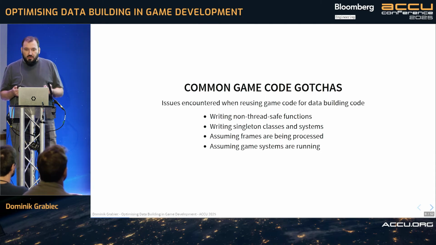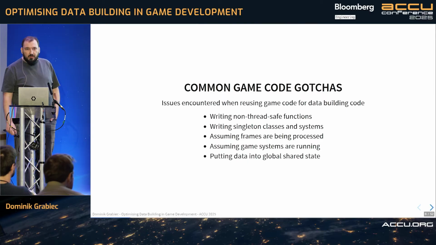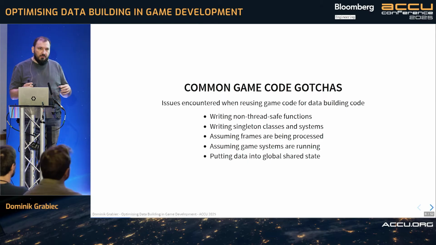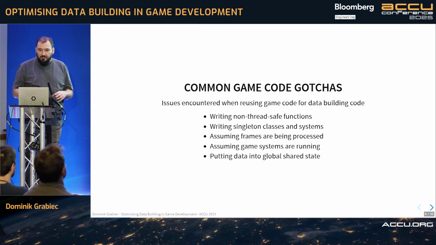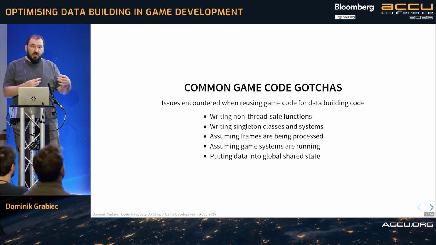So you want to create stubs for interfaces and things like that. And the next thing is loading all the data into a shared system. This is usually good for a game, but when you're doing data processing, it makes it much harder, because stuff gets automatically put in, and then you have to be careful how you pull things out and serialize them to a file again.